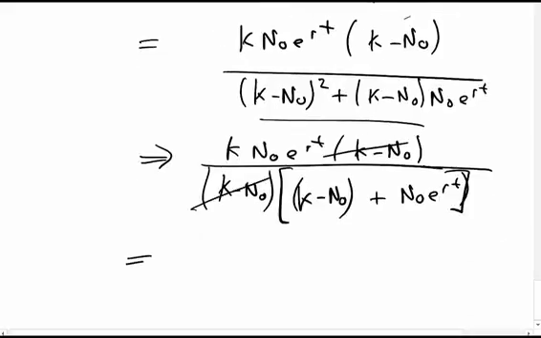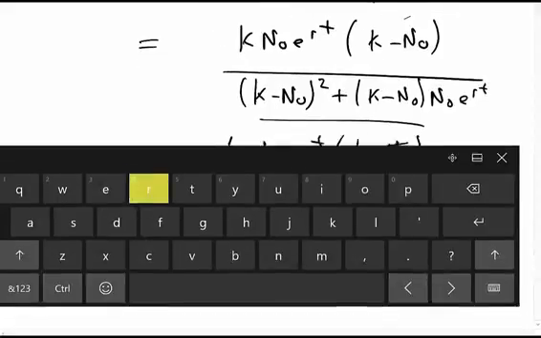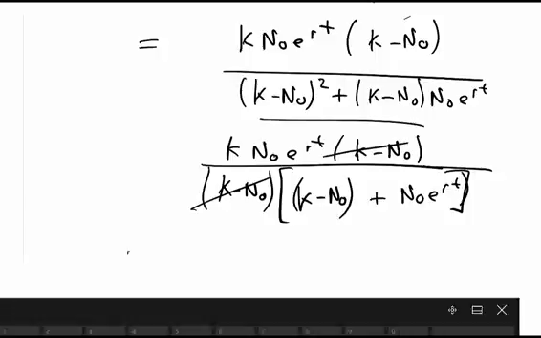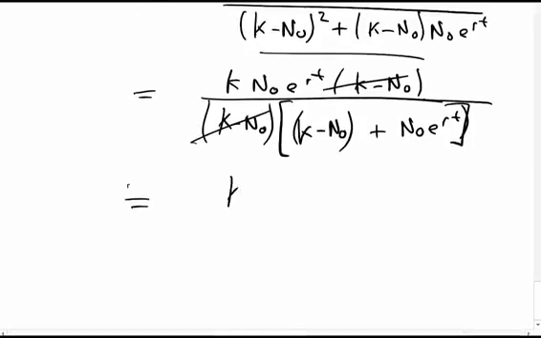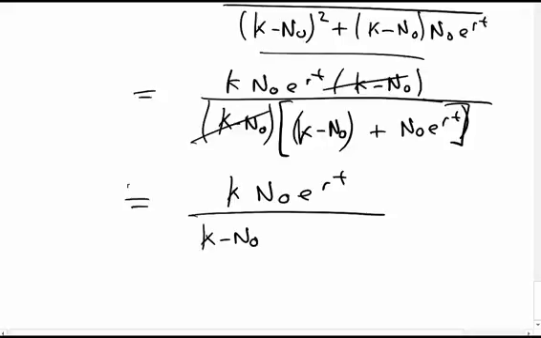Yay, that's good. So that equals k n naught e to the rt over k minus n naught plus n naught e to the rt.